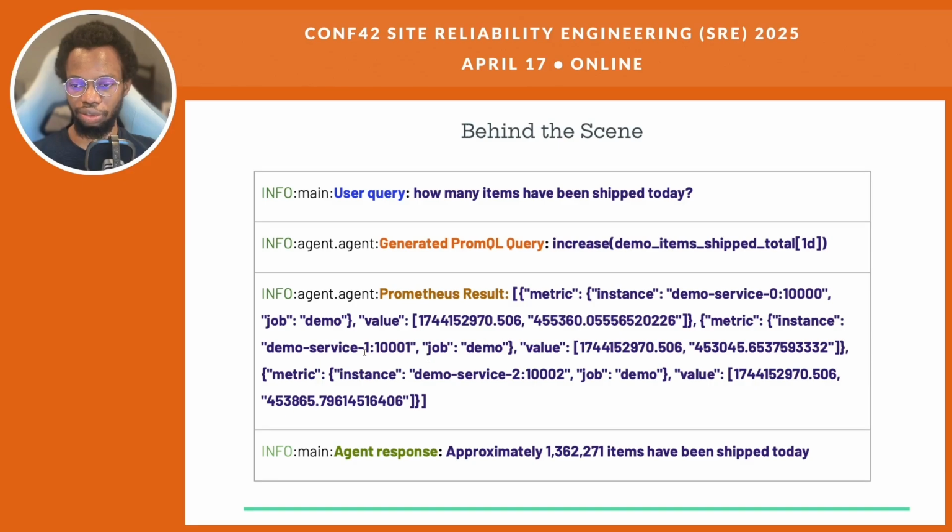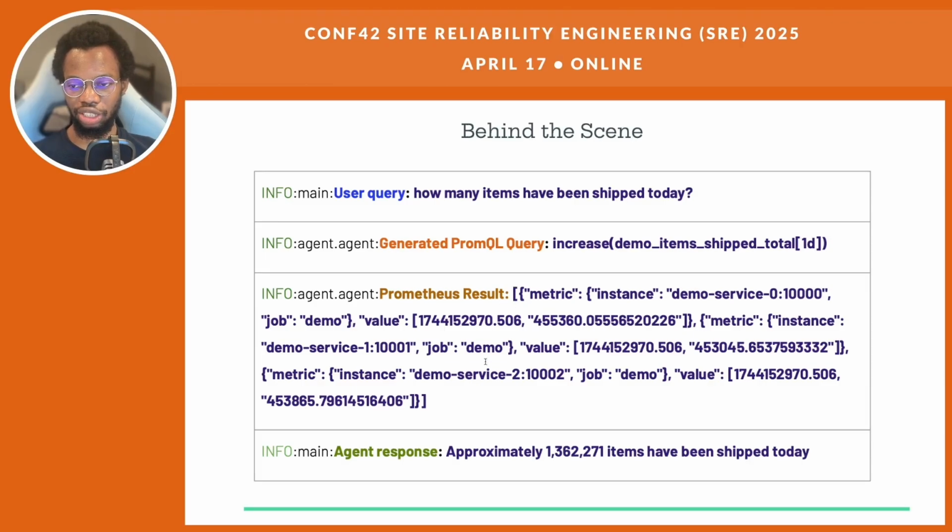If you look at demo service 1, the value for it is 453,000. And if you look at demo service 2, the value processed so far in the day is 453,000, close to 454,000 as well. Now, the LLM does something interesting because it gets this result back.